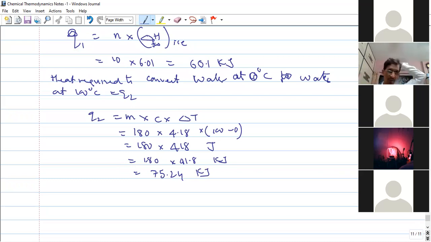Now next, to convert water at 100 to vapor at 100.